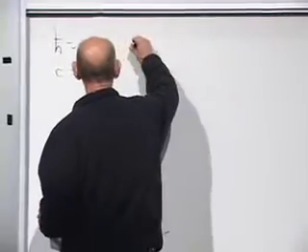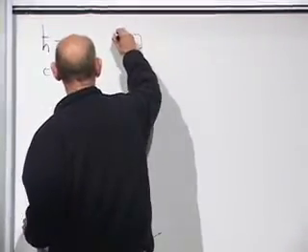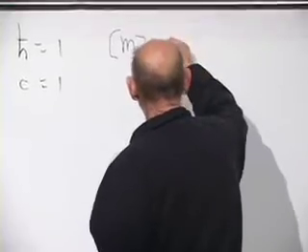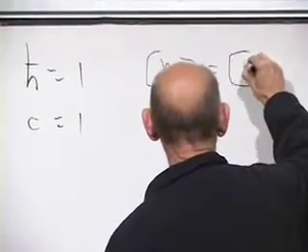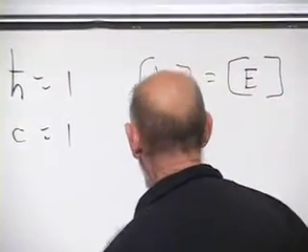Right? Once you set h bar equal to 1 and c equal to 1, there's only one dimensional quantity that has to be specified. It can be taken to be a mass, an energy, a momentum, or a length, or a time, but you need one specification. All right, with these notations, the units of mass, where the bracket means the units of, are the same as the units of energy. Why?